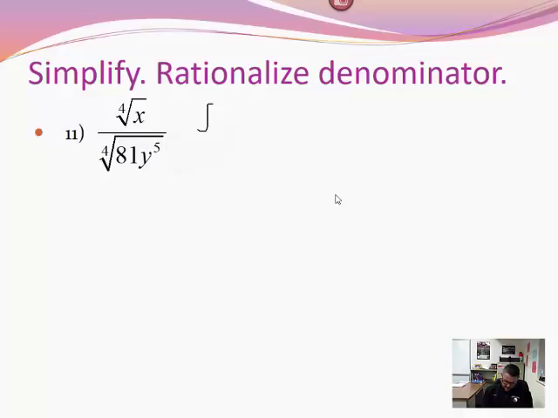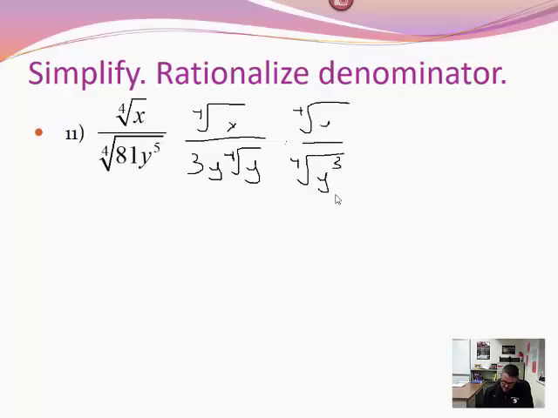Okay, the fourth root of x stays. But isn't the fourth root of 81 3? And then the fourth root of y to the fifth would be y with a fourth root of y left over. Now, to rationalize the denominator, because you can't have the fourth root of y, we're going to multiply both top and bottom by the fourth root of y cubed.